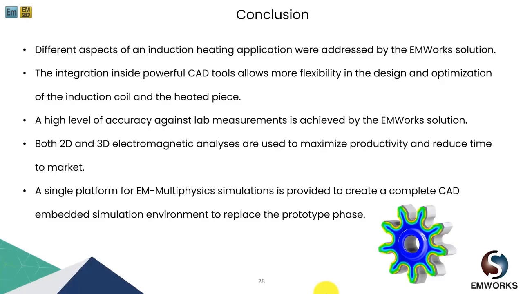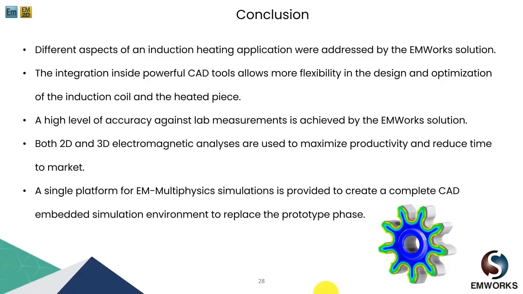Also, the effect of nonlinear temperature-dependent material properties on the heated profile was investigated. And finally, we tried to estimate the forces generated on the coil and gear, considering electromagnetic and thermal stresses. A high level of accuracy against lab measurements was also achieved and shown by using the EMWorks solutions.